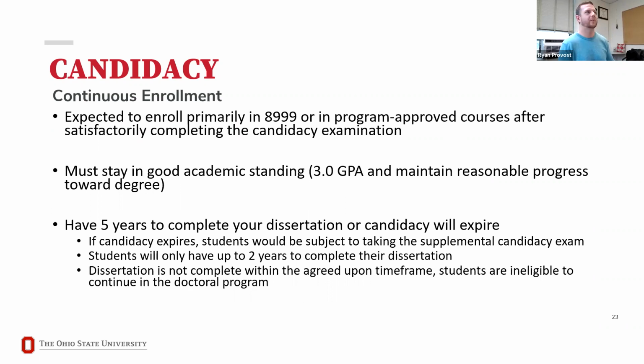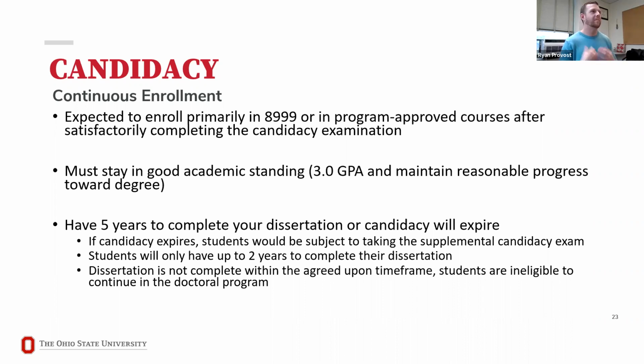Typically, candidates will enroll primarily in that 89.99 or in other program approved courses after their candidacy exam. So that's typically what you'll see: candidates in that 89.99, those 3 credit hours every term until they graduate.